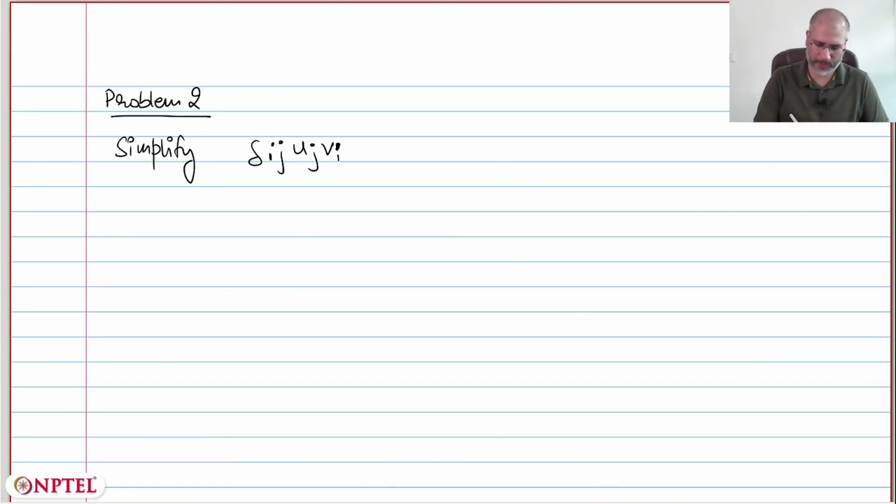So in that case, we can get rid of the delta. So in the simplified expression, there's no delta, there's only u and v. And we replace the index i in the remaining expression with the other index of delta, which is j. So this becomes j. This already was a j. So we get uj vj, which you know is simply u1 v1 plus u2 v2 plus u3 v3.